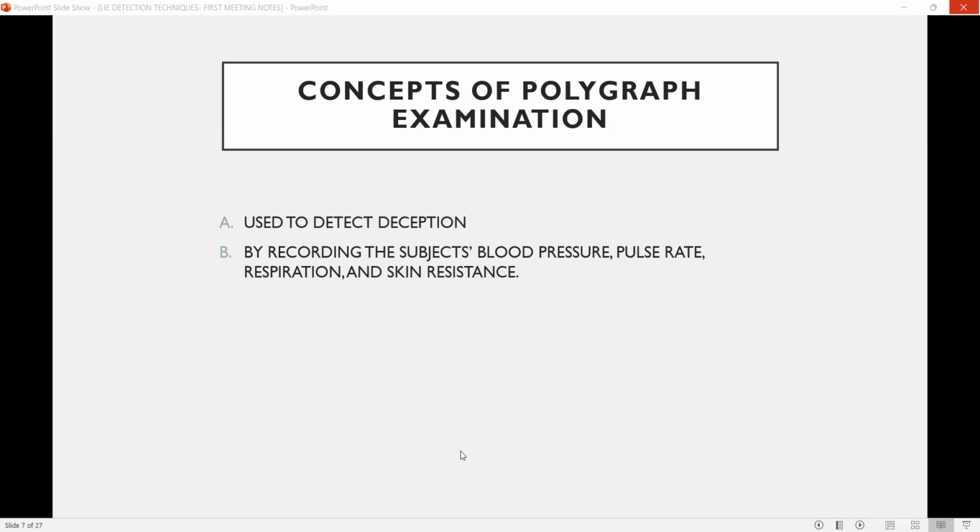That's why when you lie or deceive someone, your blood pressure and pulse rate will change or increase. Your respiration will also change, or maybe become controlled breathing, and skin resistance. You sweat more. That's why it is recorded in the polygraph instrument, either analog polygraph machine or computerized polygraph machine.